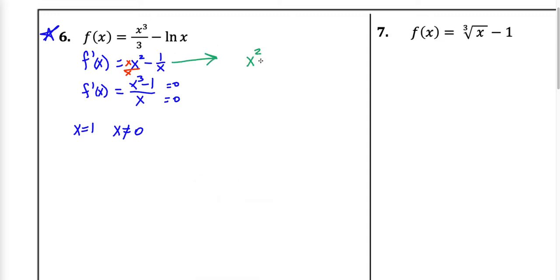So if I do x squared minus 1 over x equal to 0, then I would probably add 1 over x to the other side, multiply both sides by x, and cube root of 1 is just 1. And then you would have had to look for undefineds on its own before you find the zeros. So right here would have been the undefined at 0.